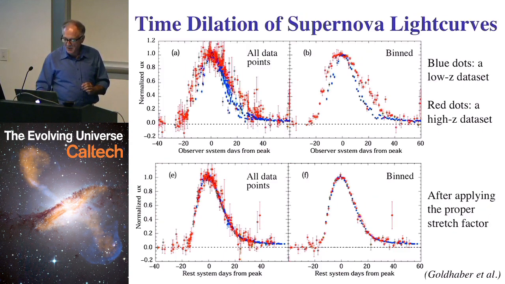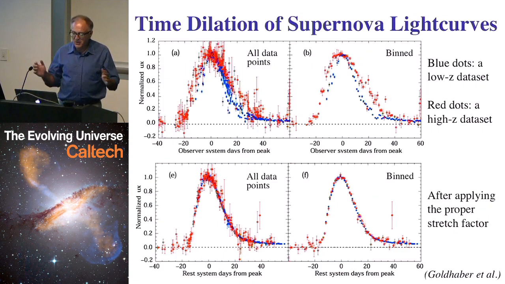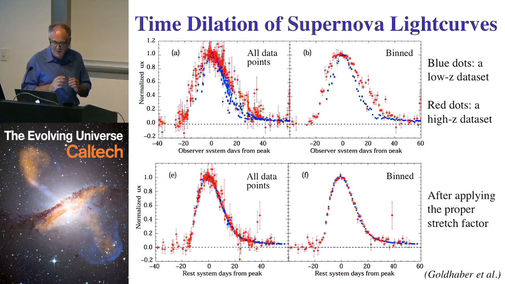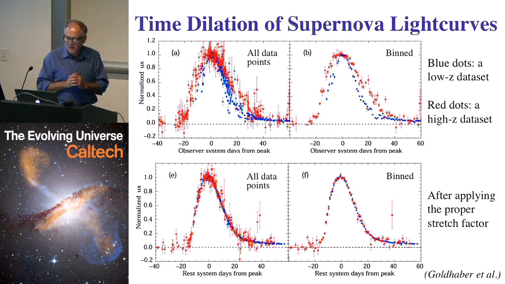The other test is using supernovae as clocks that make one tick. And here what's shown on the top is a whole bunch of supernova light curves centered on peak brightness. In one case it is all of them, the other is binned in magnitude. And then if you don't apply any corrections, you see there is a lot of spread.